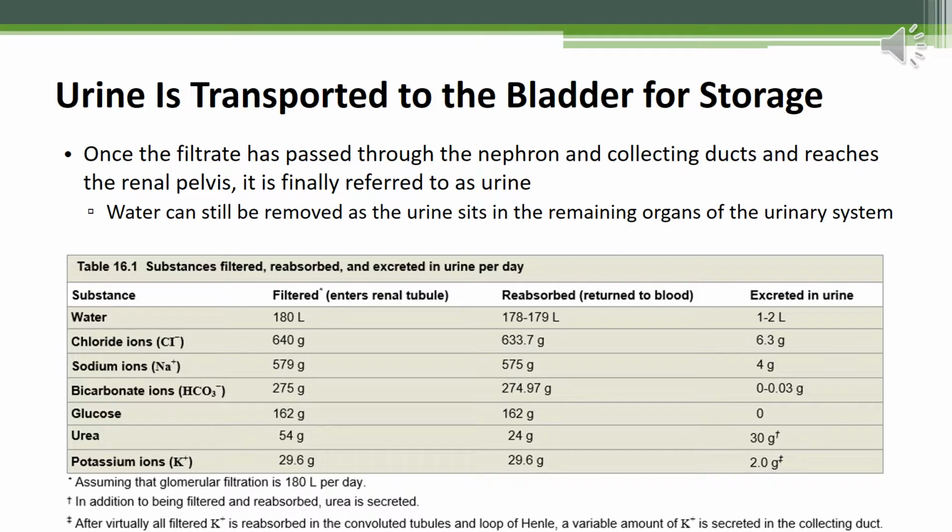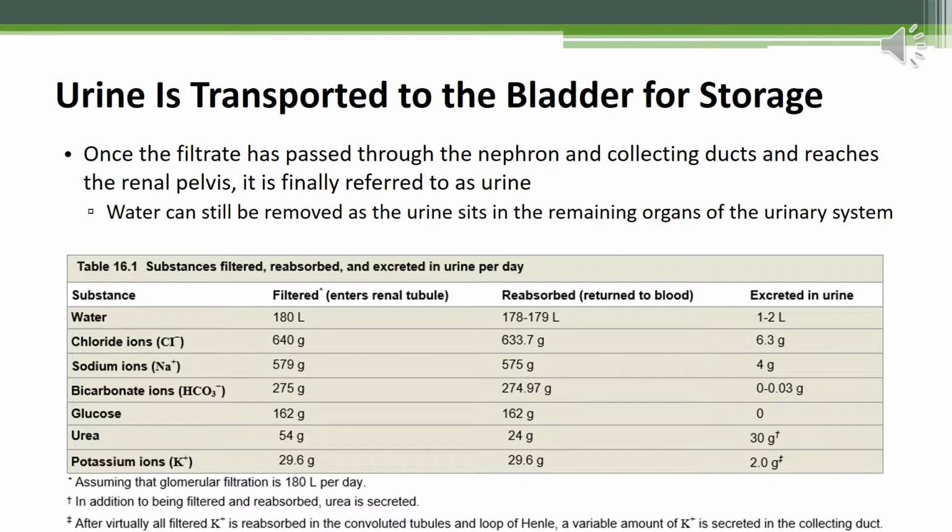In the collecting duct, we have essentially a substance that is very much like urine, but as it hasn't reached the renal pelvis, it cannot technically be referred to as urine. Water can still be removed as the urine sits in the remaining organs of the urinary system, however, and this is just another way for us to conserve water.